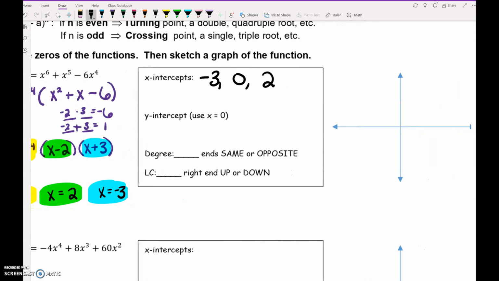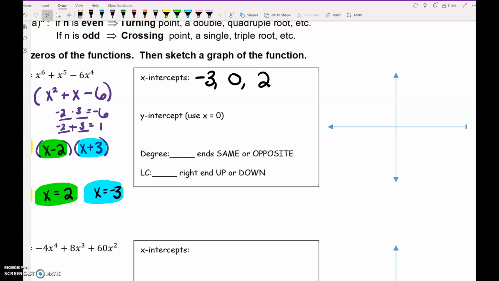Over on this graph, notice it's a very simple graph. There's no lines, hash marks, grids, anything. We are definitely sketching these polynomials. So I'm going to count over and put one x-intercept at -3, one at 0, and one at 2.